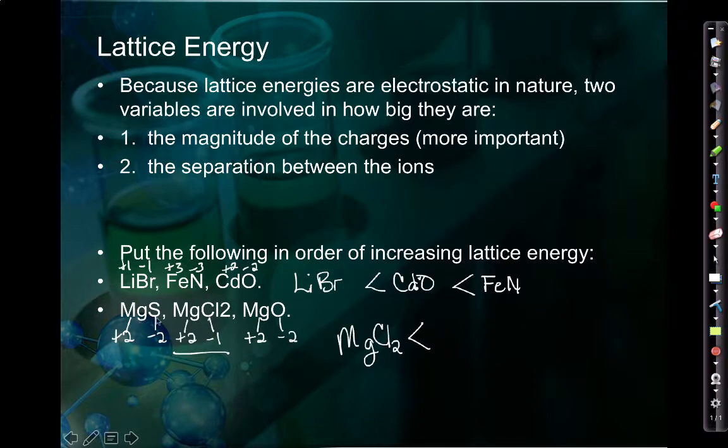So we've got oxygen and sulfur. That's how they differ. If I look at the periodic table, oxygen is higher on the periodic table, and sulfur is lower, which makes sulfur bigger. So even though they have the same magnitude charge, we can just look to see which atom would be smaller. Oxygen should be smaller, so that one should be the highest. So we always look at magnitude first, then the size.